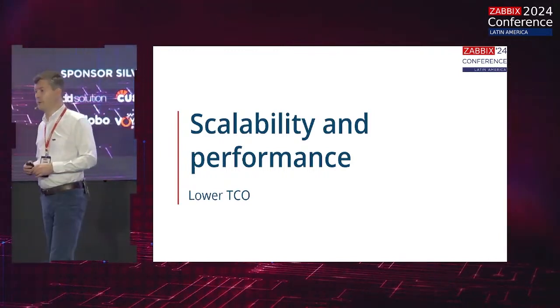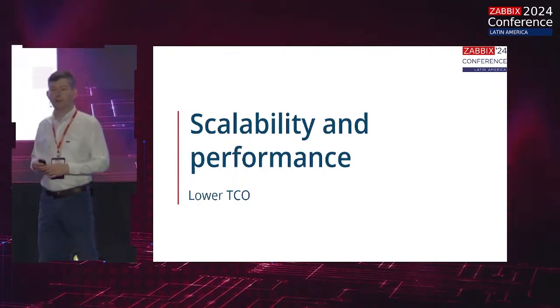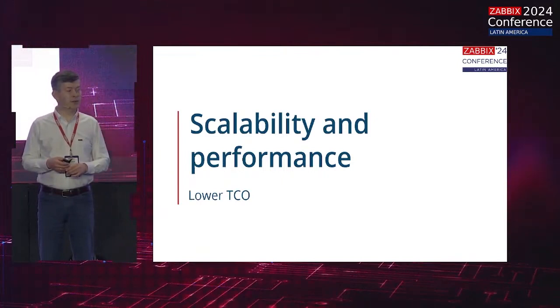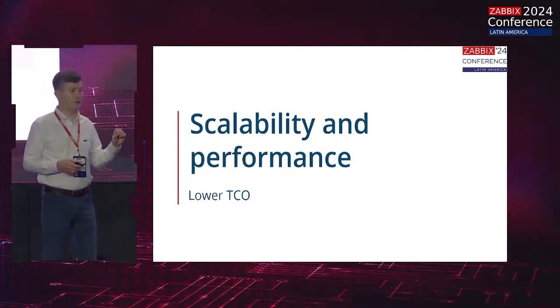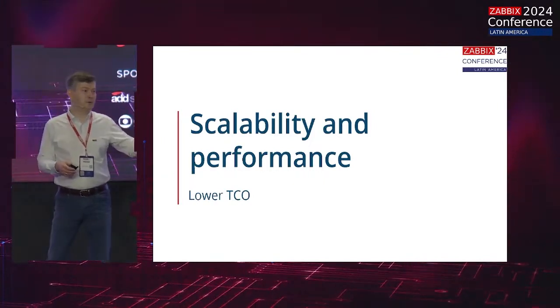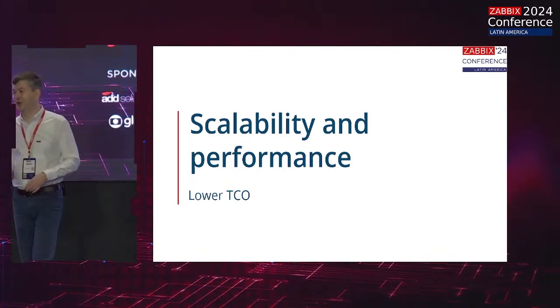Scalability and performance has always been one of our priorities, and Zabbix 7.0 is no exception. We have introduced, as I already told you, groundbreaking features. But here is another kind of groundbreaking feature.